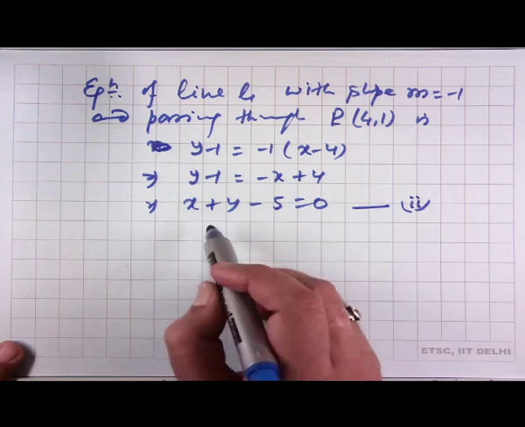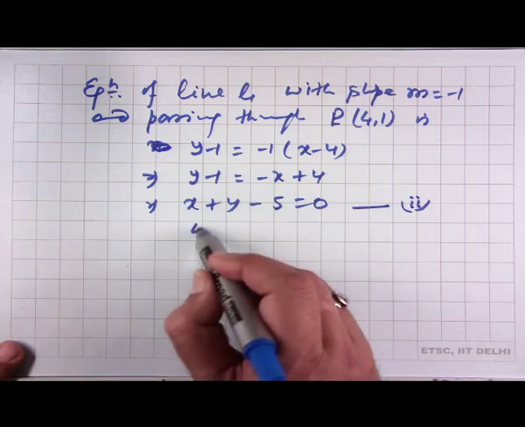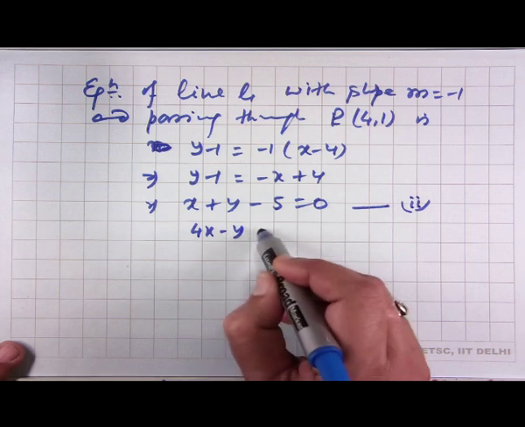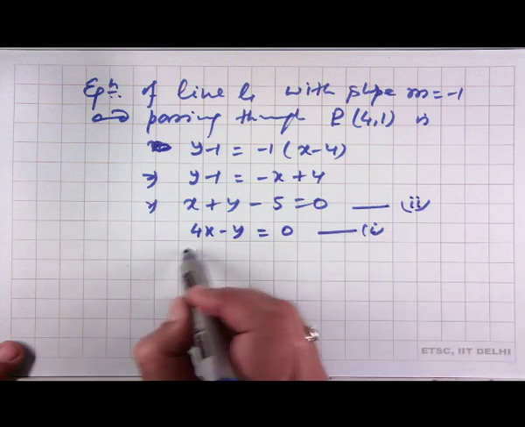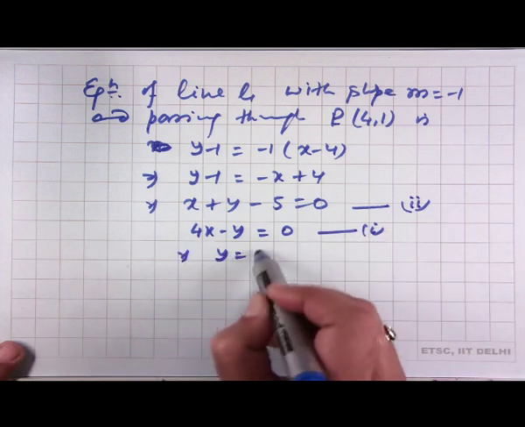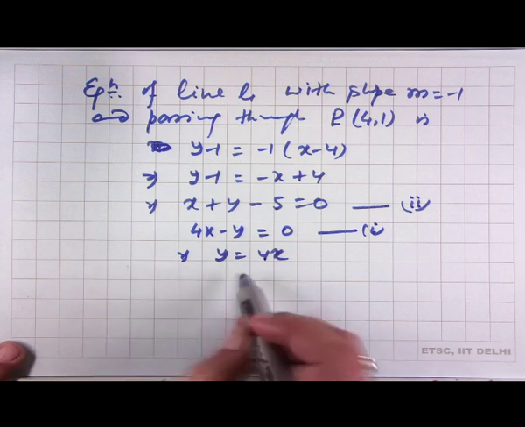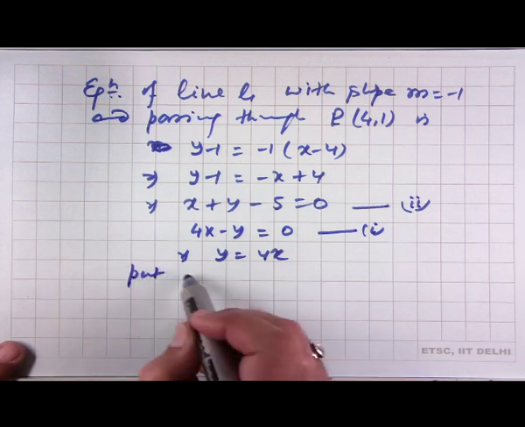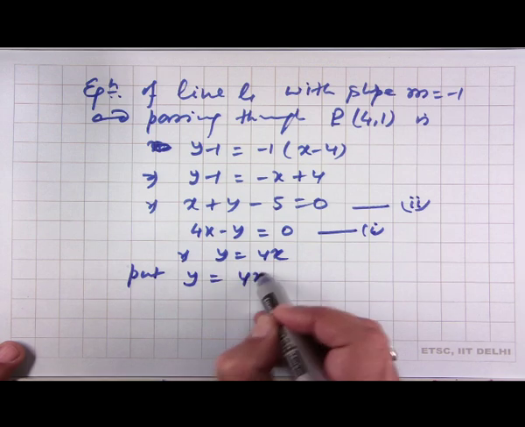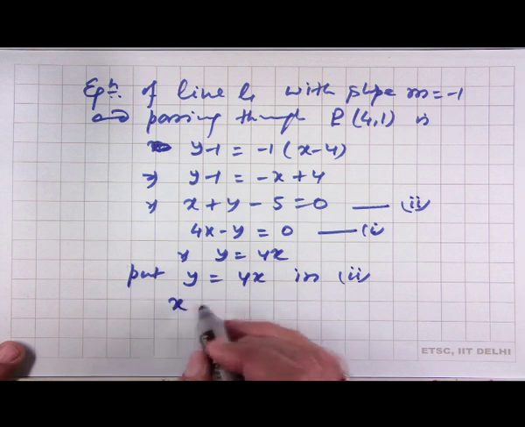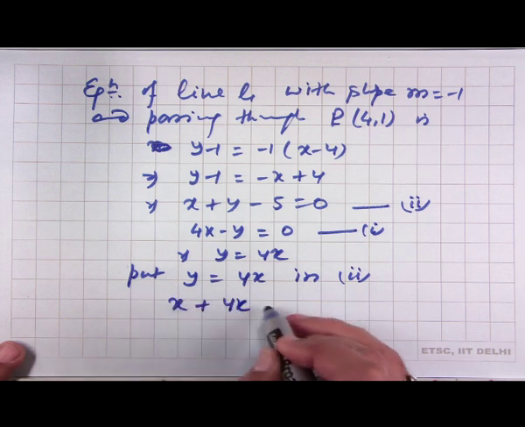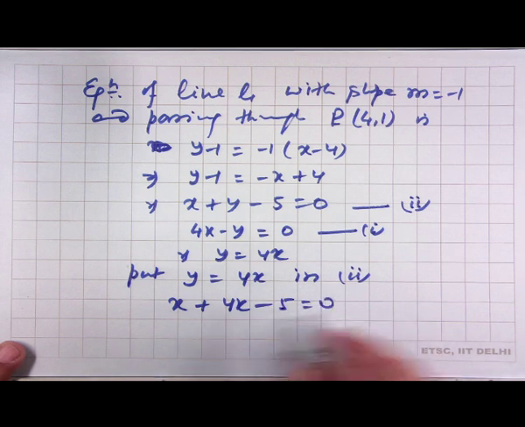And line 1 is what? 4x minus y equal to 0 is line 1. So this implies y equal to 4x. Put y equal to 4x into x plus y minus 5 equal to 0, so x plus 4x minus 5 equal to 0.